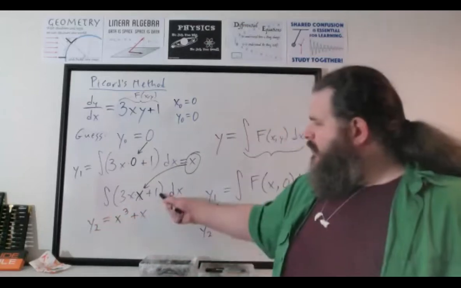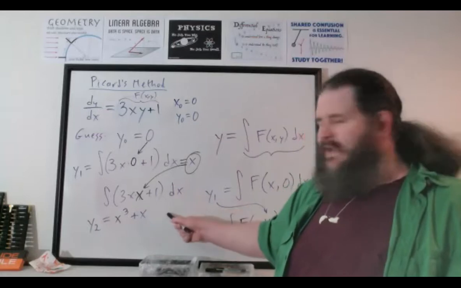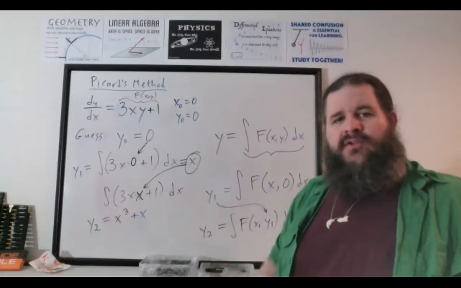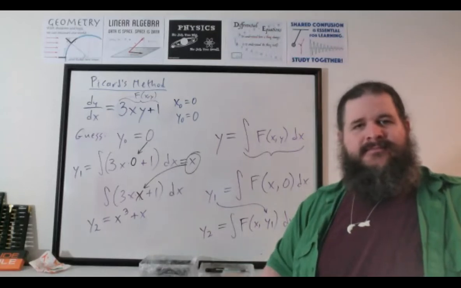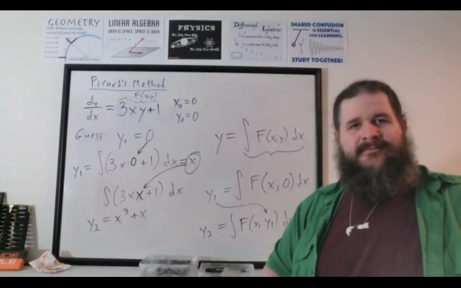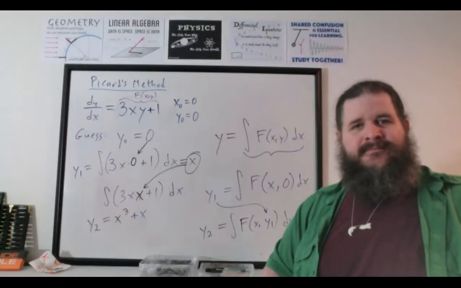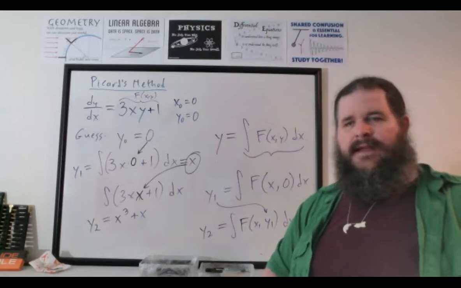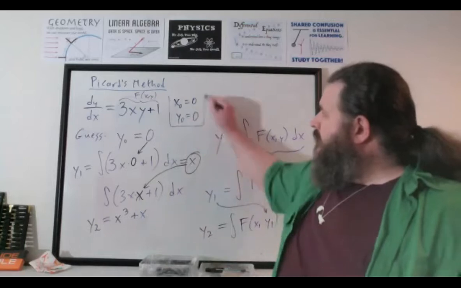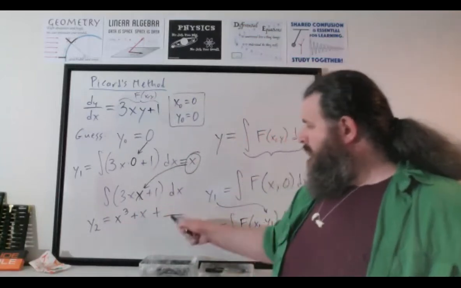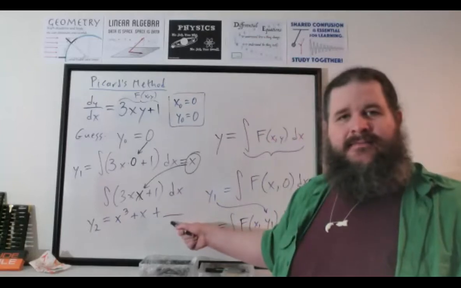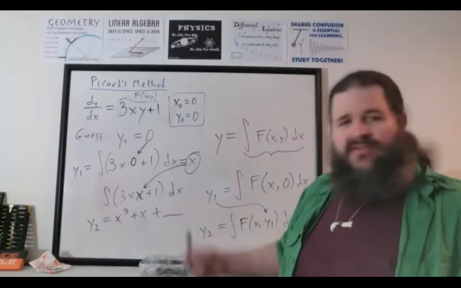And by the way, when we integrate, formally, we should have a plus c here. But how do you usually find the plus c for a specific solution? You set it to the initial condition. Yeah. If we fill in these initial conditions, x is 0, y is 0, do we need anything else added here? Nope, the plus c is just going to be 0.